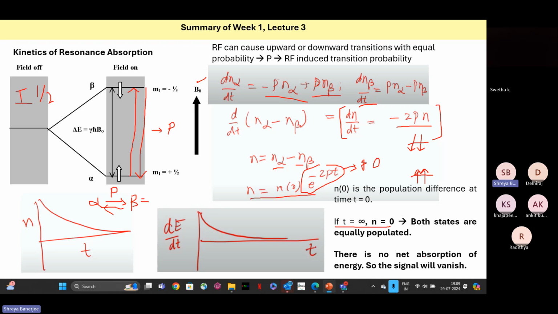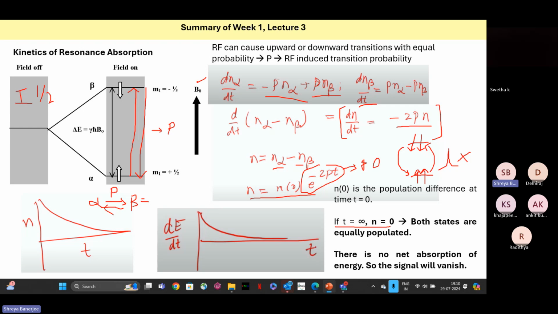So there is no net absorption of energy, because if one nucleus is getting promoted, simultaneously one nucleus will come down. So there is no net absorption or release of energy, and there will be no NMR signal observed. This is called a saturated state.